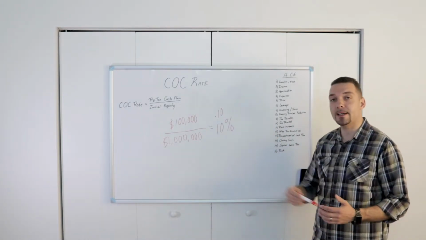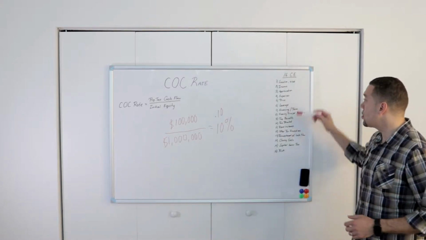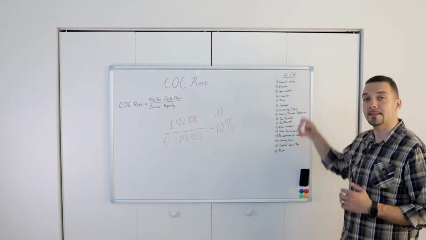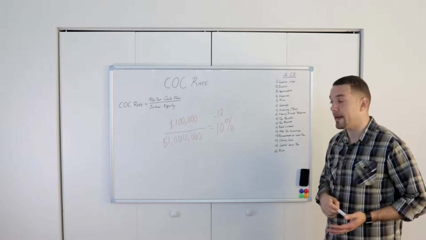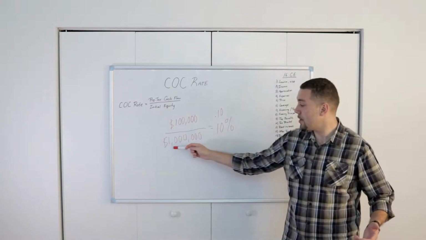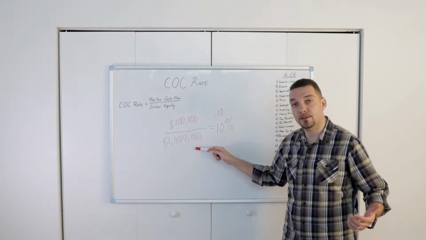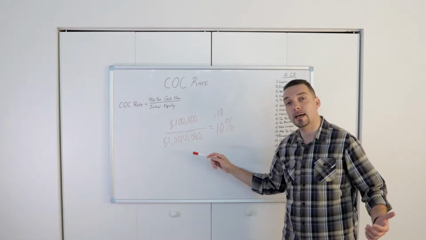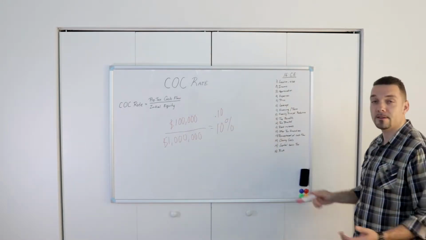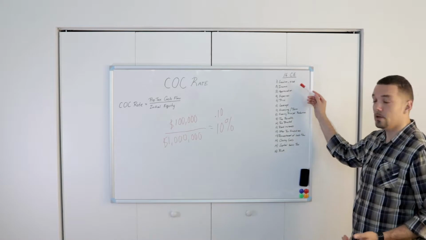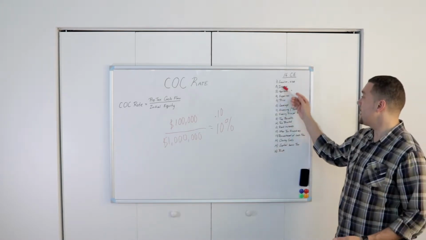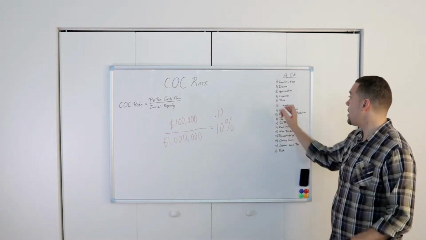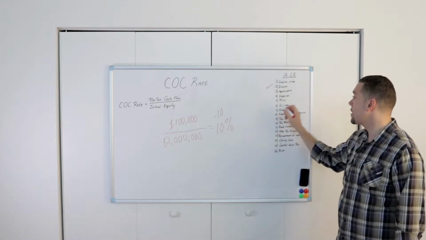When we look at a cash on cash rate, are we considering the location and the size of the property? In this example, where all you know is that you put $1 million in and got $100,000 out for a 10% cash on cash rate, you don't know the location or the size. The income, sure, we know that one.